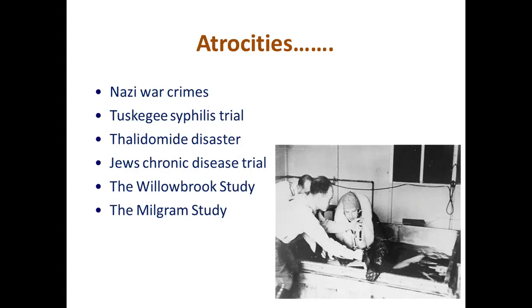So this is the Jewish Chronic Disease trial. Next is the Willowbrook study. Again, it was done between the 1950s and 1972 with children with mental disability at a state school in Willowbrook. They were intentionally infected with viral hepatitis in an unethical experiment.